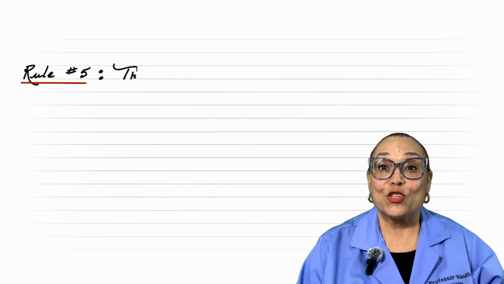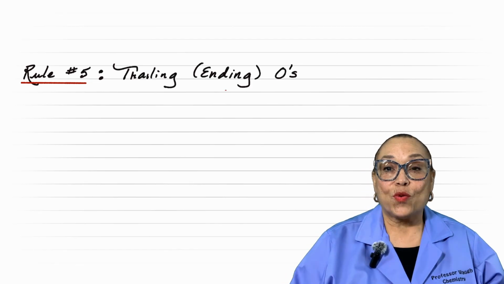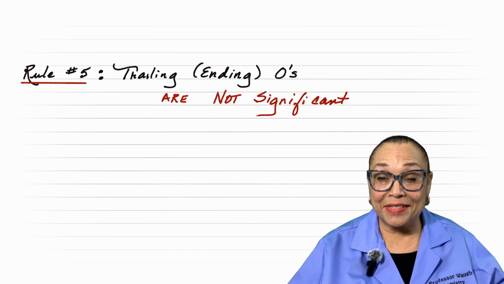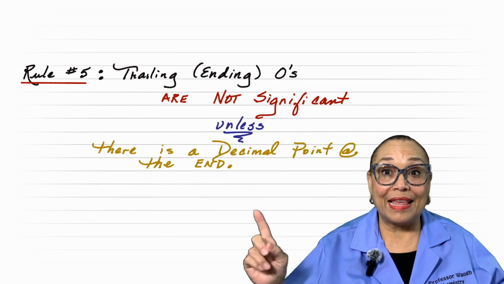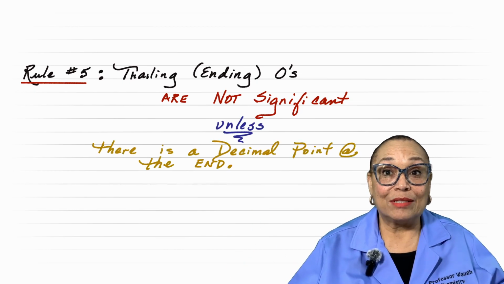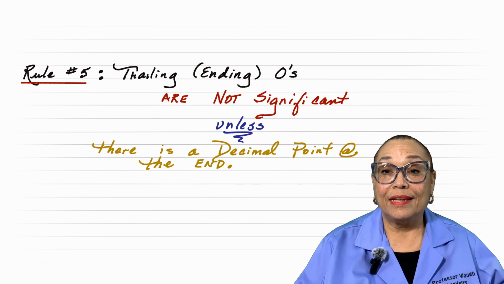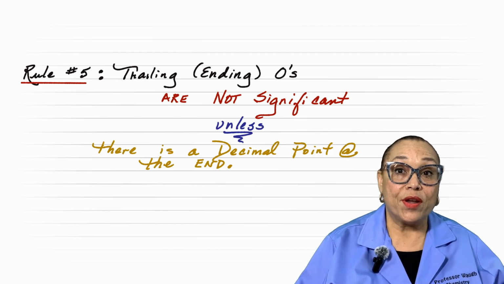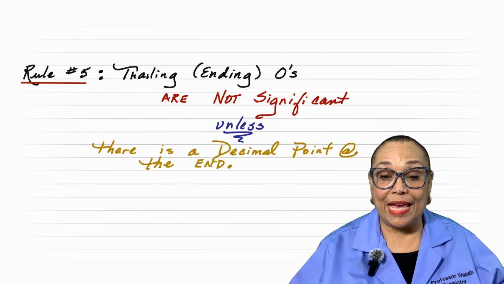All right, let's do rule number 5, trailing, which means ending zeros. Now, trailing or ending zeros are not significant unless there is a decimal point at the end. Now some instructors like to use this and some instructors don't, but don't forget that is a rule, that trailing zeros are not significant unless you have a decimal point at the end.